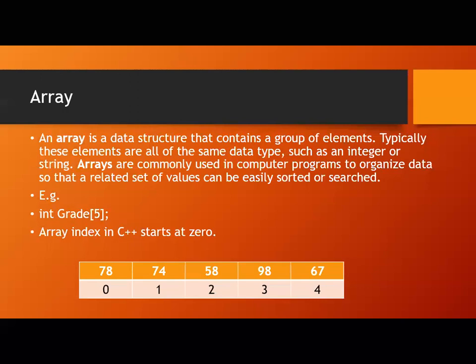Its type is int, its size is 5. That means there are 5 spaces in memory reserved for this array. And the name of the array is grade.